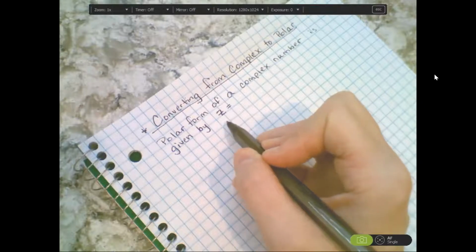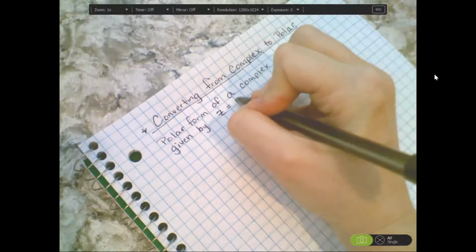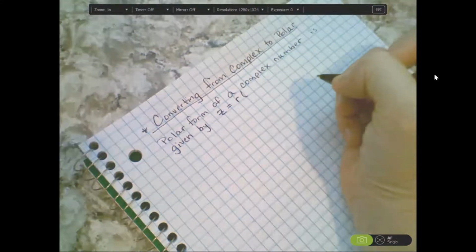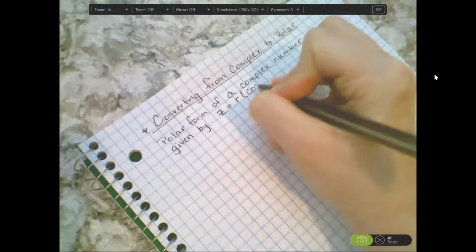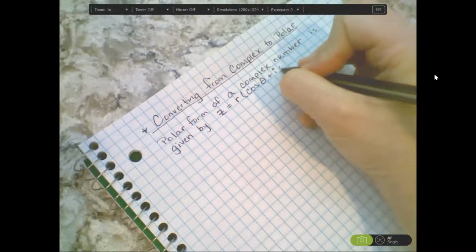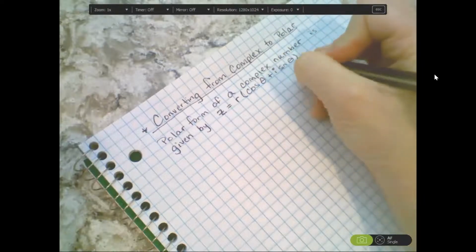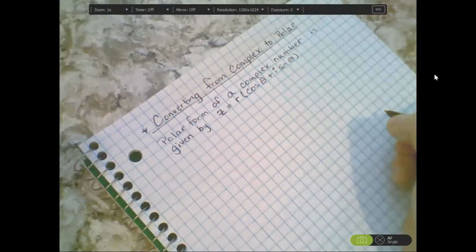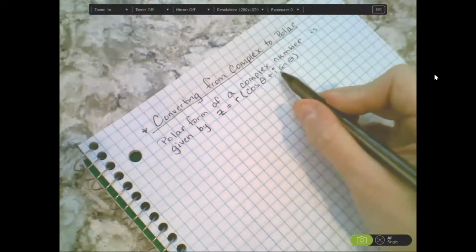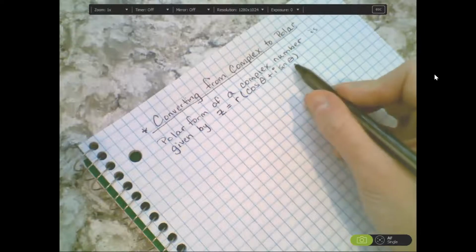So z equals r, so there's the r that we've been looking at, and then we are going to have in parentheses cosine theta plus i sine theta. So r and then cosine theta plus i times sine theta.